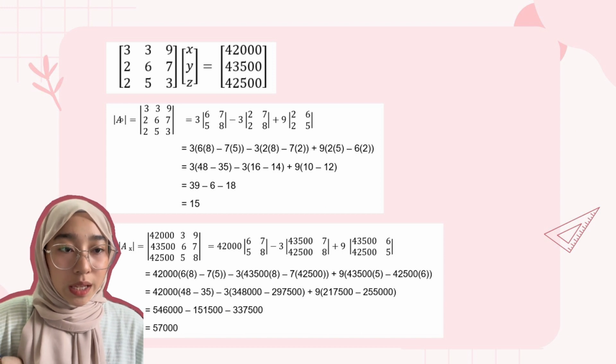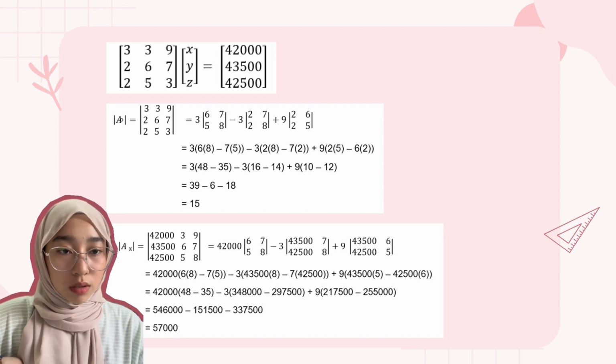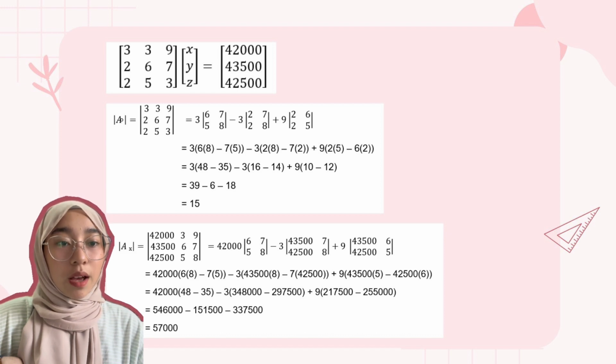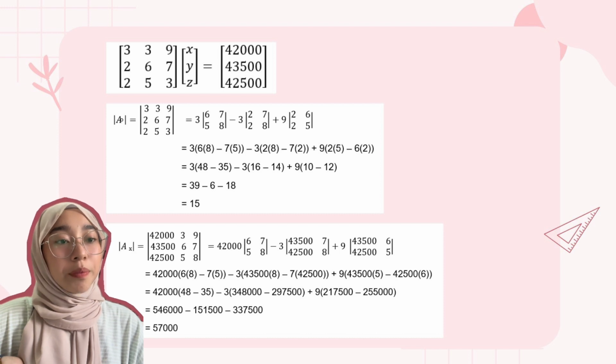So we times it. So we have 42,000 times (6 times 8 minus 7 times 5) minus 3 times (43,500 times 8 minus 7 times 42,500) plus 9 times (43,500 times 5 minus 42,500 times 6).